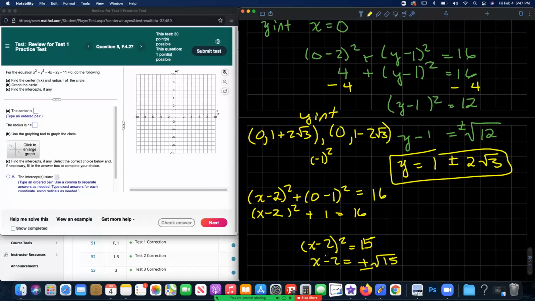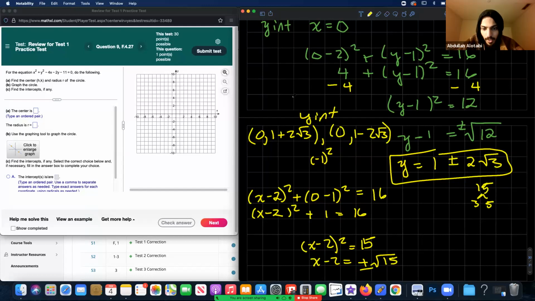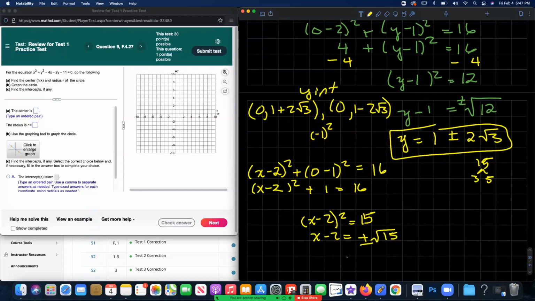Now, there's not really anything to do with this root 15, because if we look at 15 itself, it breaks down to 3 and 5, and both are odd. So you can't break it down further. So we write it as is. Right, exactly. So basically, when we add 2 to both sides here, we'll end up with x equals 2 plus or minus root 15.